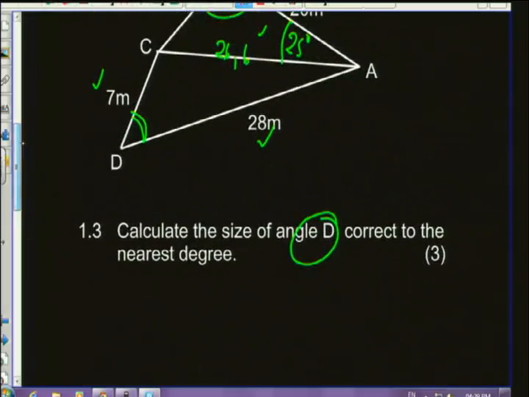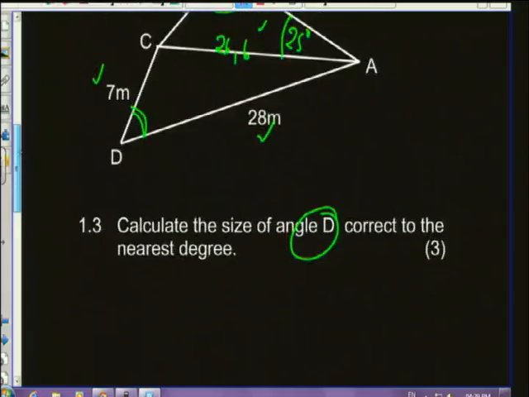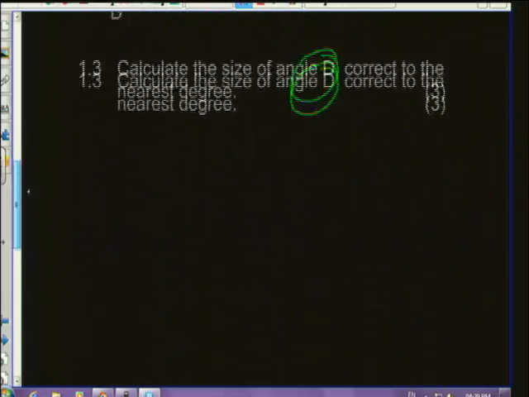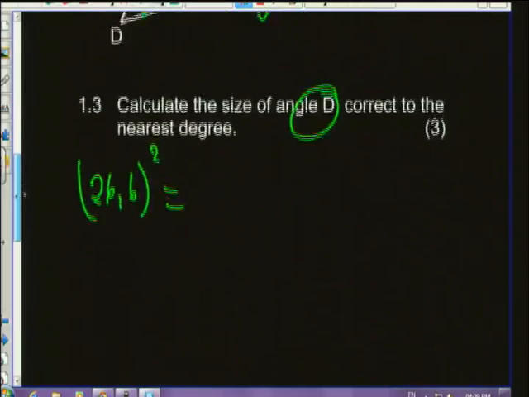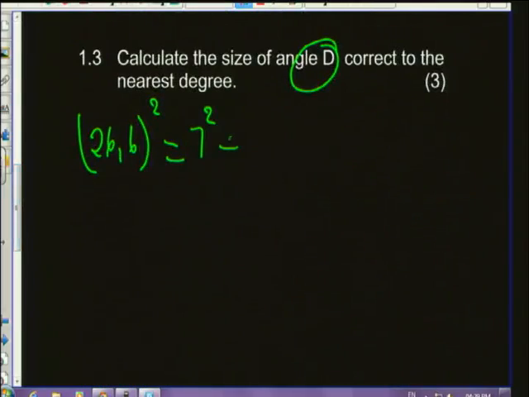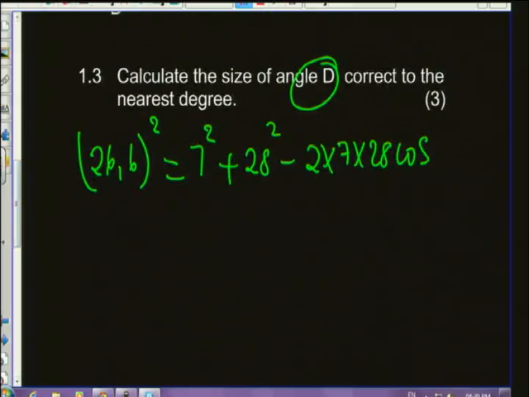Now remember, we have a squared equals b squared plus c squared minus 2bc cos of A. In this case, the side that's opposite the angle will be your 26,6, and then you square that, equals the other two sides, that's 7 and 28, so 7 squared plus 28 squared minus 2 times those two sides, which is 7 by 28, cos of the angle that we're looking for, so cos of D. Now guys, watch, we have one unknown here.